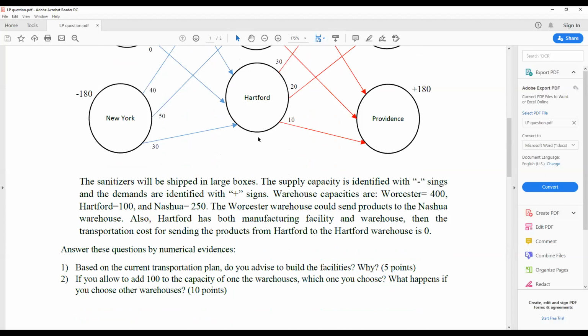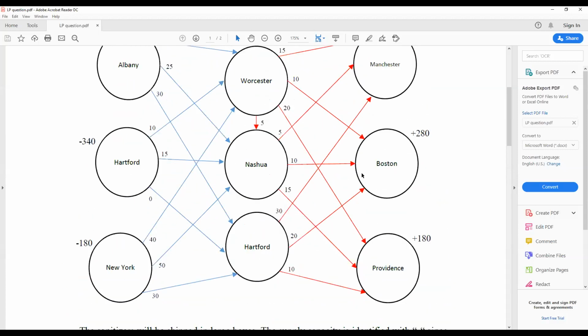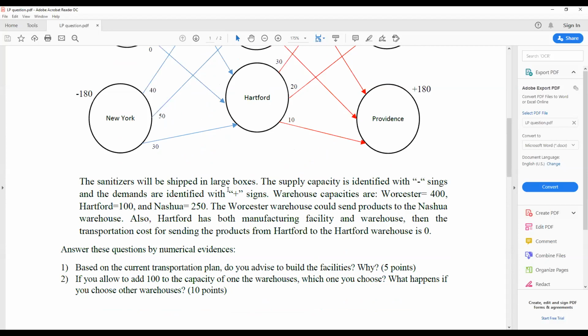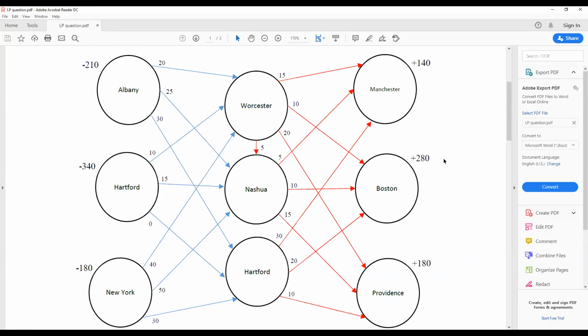So what you need to do, first of all, you need to model it either in Excel or Lingo. I didn't say Lingo in your exam, but if you can solve it in Lingo, that's fine too. And in the first part of the question, you need to make a cost benefit analysis and see if this new transportation plan makes sense or not.